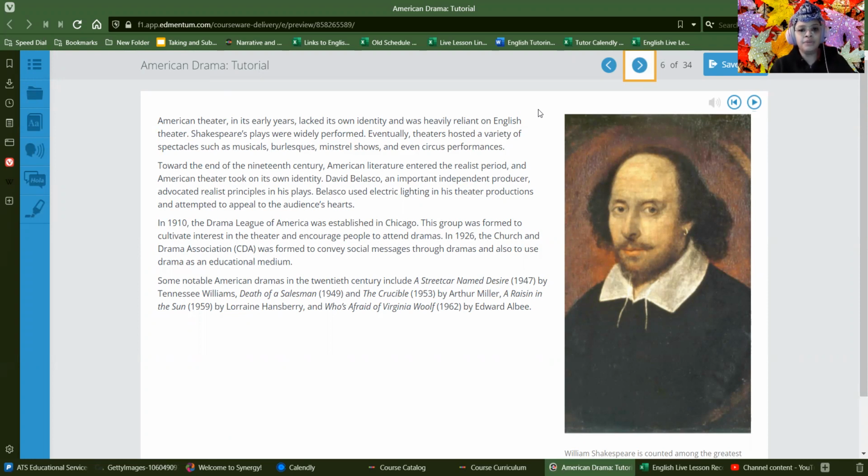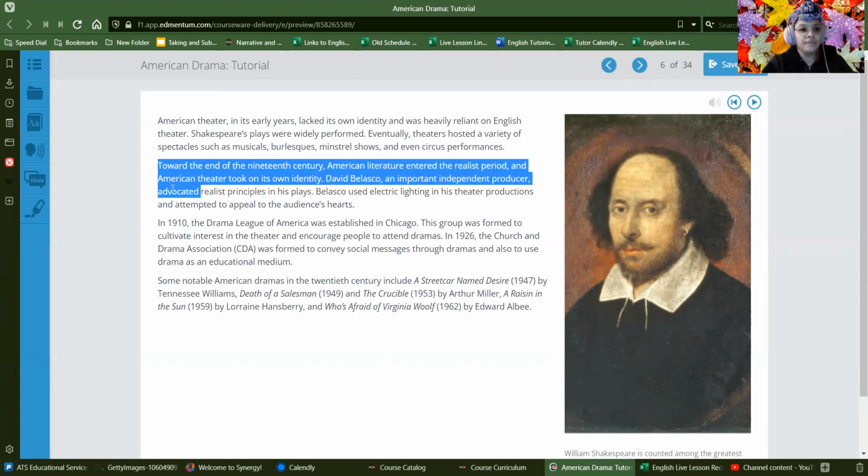It took time before America had its own musicals, burlesques, minstrel shows, and circus performances. It says here towards the end of the 19th century, the end of the 1800s, almost 100 years after it started, American literature entered the realist period, and American theater took its own identity.